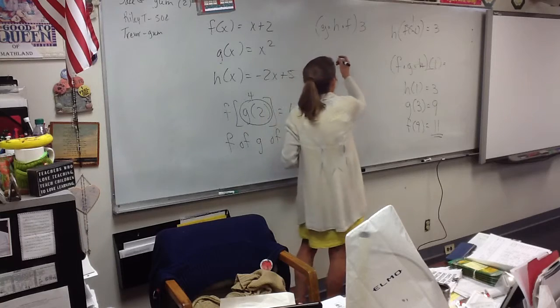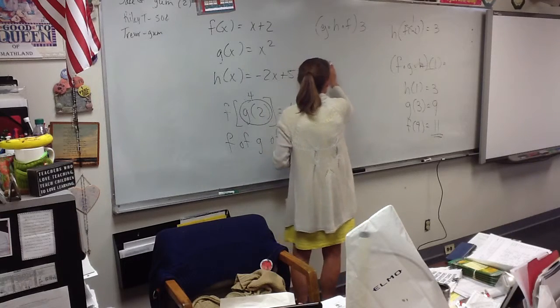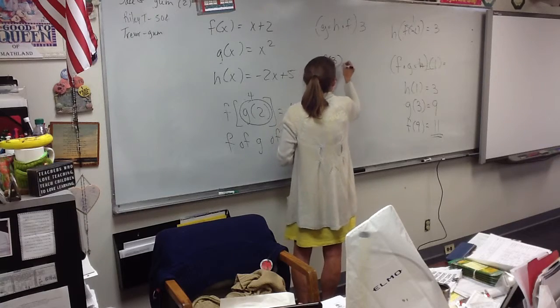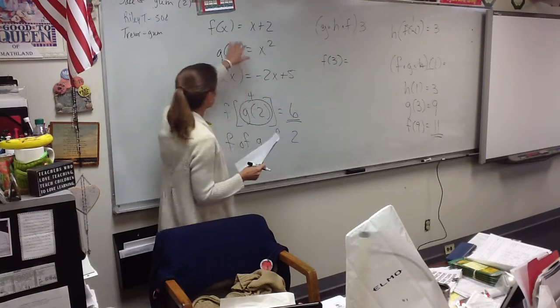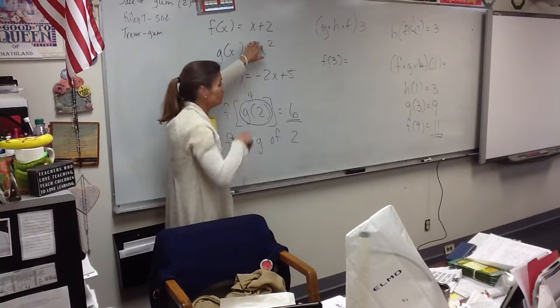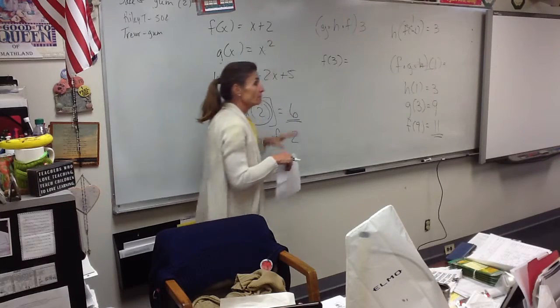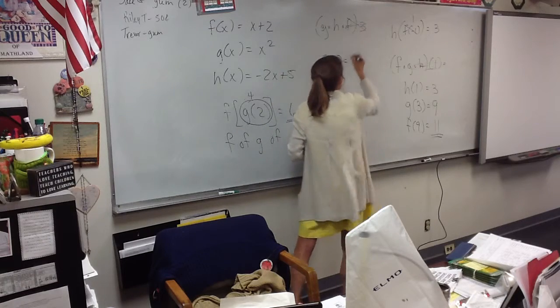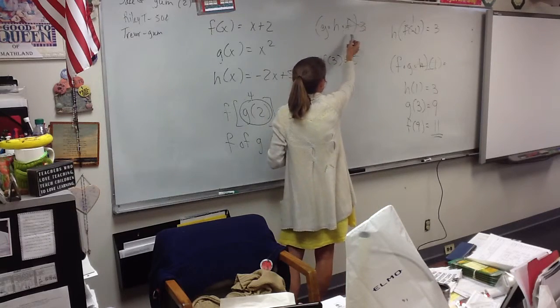Where do we start, Maya? With the F. Put the 3 into F. Yep, 3 into F. And what do I get? 5? So then this is 5. All right, so now I take h of 5.